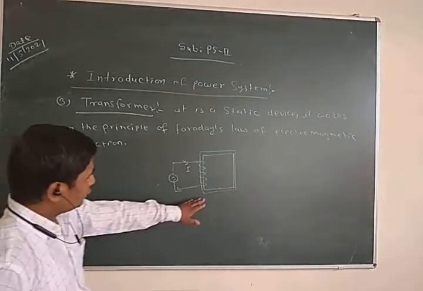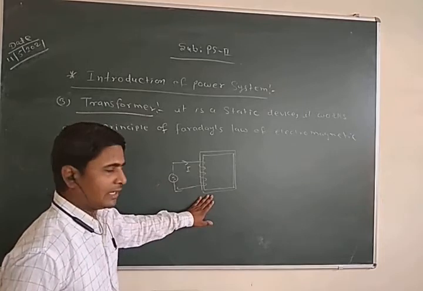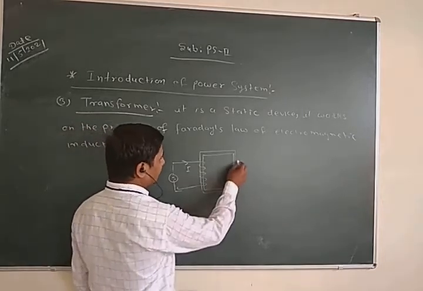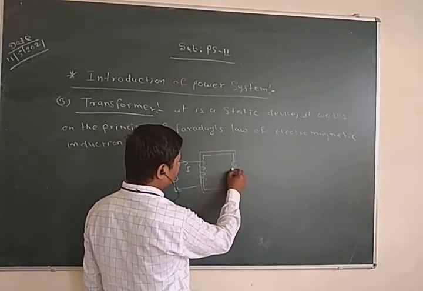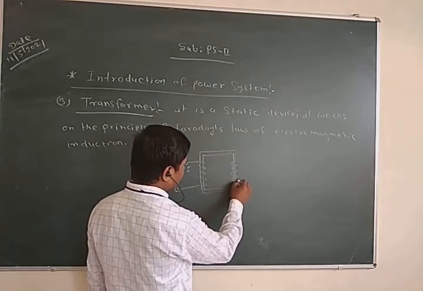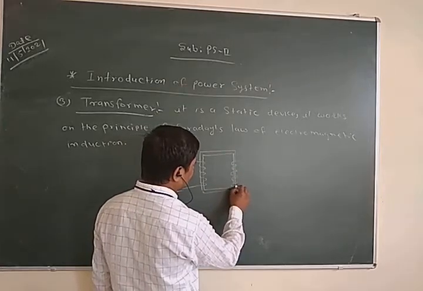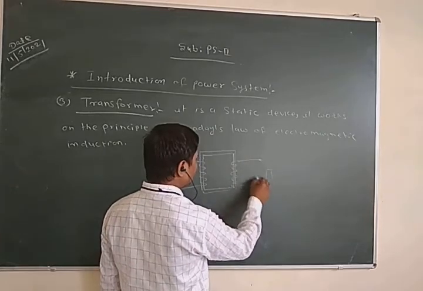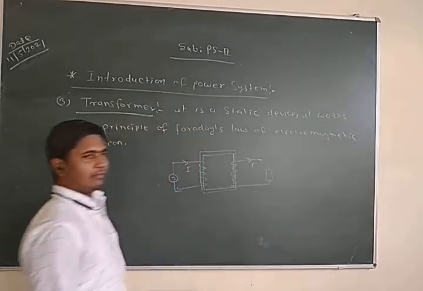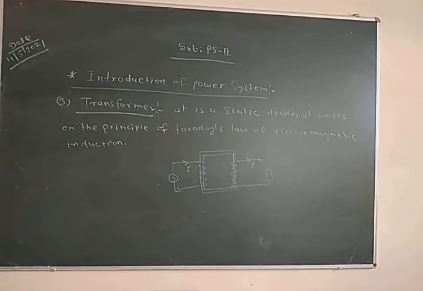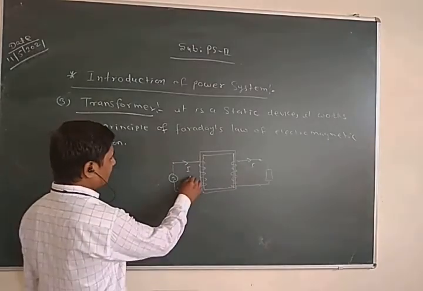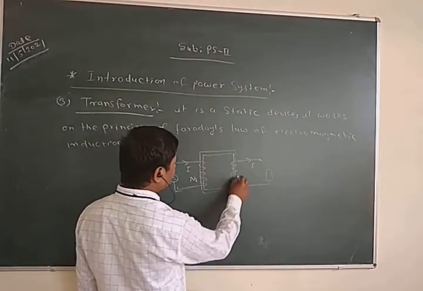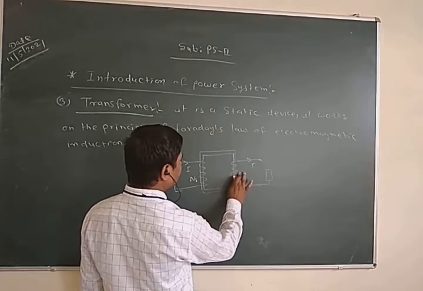Due to this time varying magnetic field, if any other coil is placed on this core, then EMF is induced in that coil, and if the second winding is connected to a load, there will be current supply. Suppose this is the primary with number of turns N1, and the second is N2.